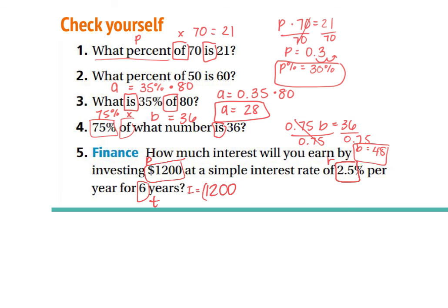So we do 1,200 times 0.025 times 6. This will give us $180 in interest.